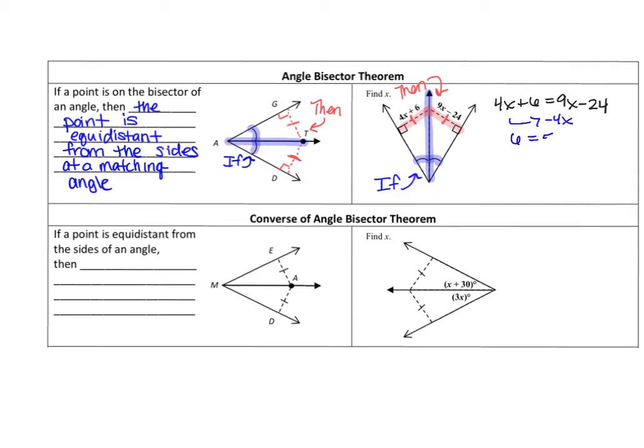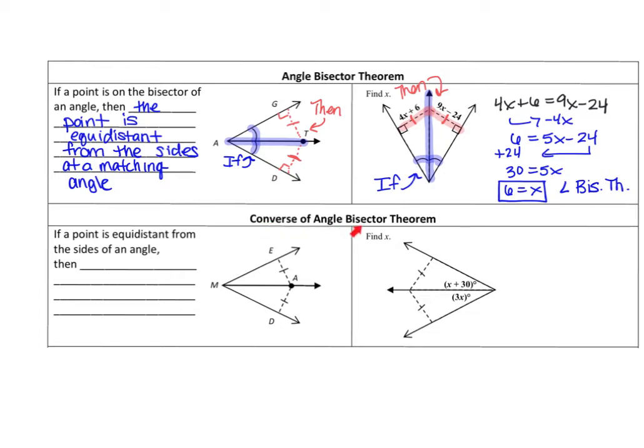That would give me 6 is equal to 5x minus 24. Then I would add the 24 over to get 30 is equal to 5x. And that would give me an answer of 6 for x. Anytime you're solving problems like this, we can abbreviate this as angle bisector theorem.